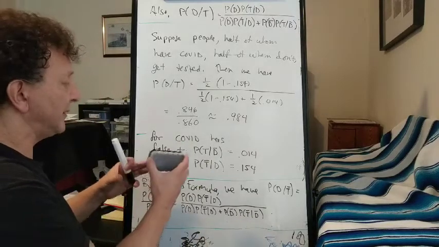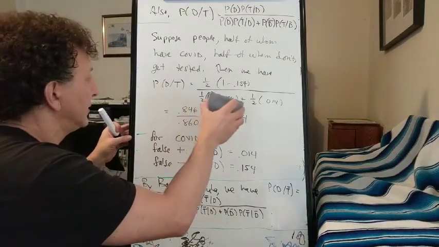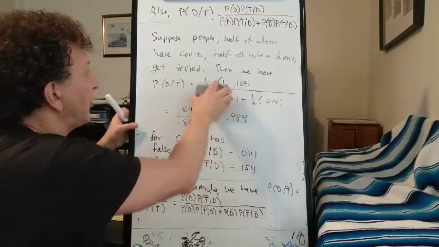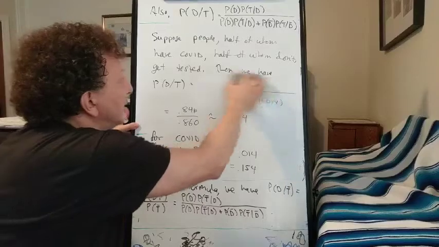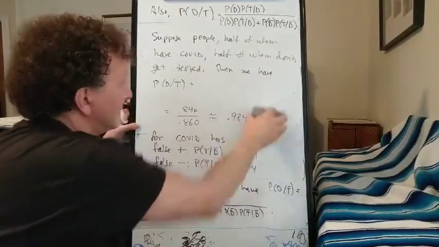All right, so I'll erase these numbers. Actually, I'll put the 0.984 here.